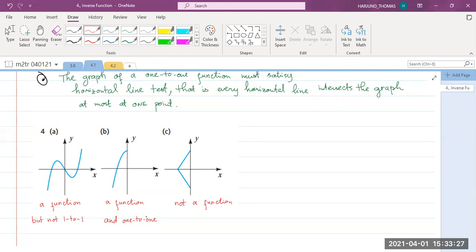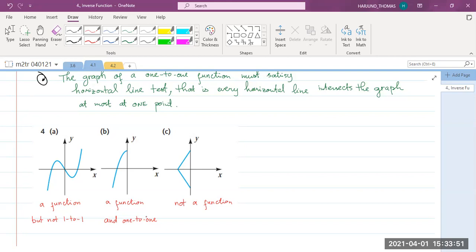So it is a function, but not one-to-one. Now, part C, once it is not a function, we don't talk about one-to-oneness. So we don't have a situation where the graph is one-to-one but not a function. No, there's no such thing, at least not at this level.